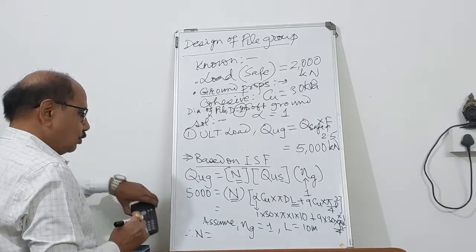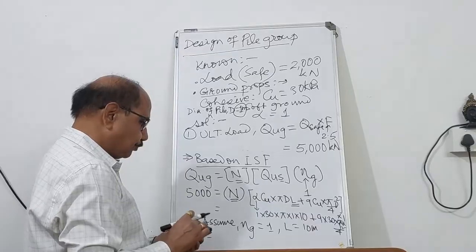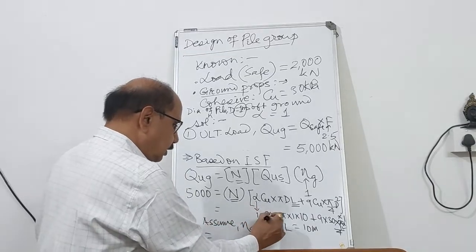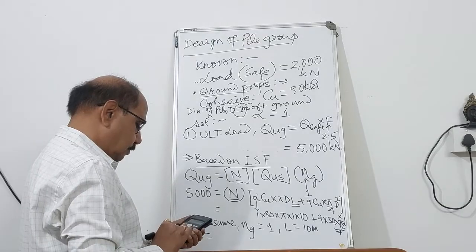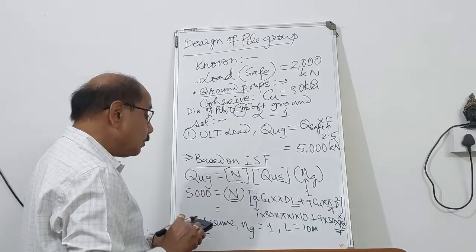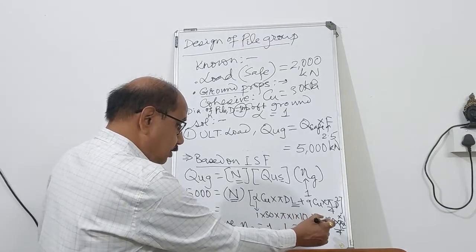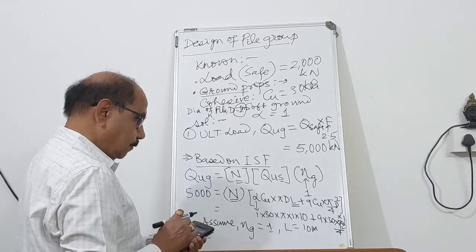So if you calculate this, it is 300 pi plus 270 into pi.